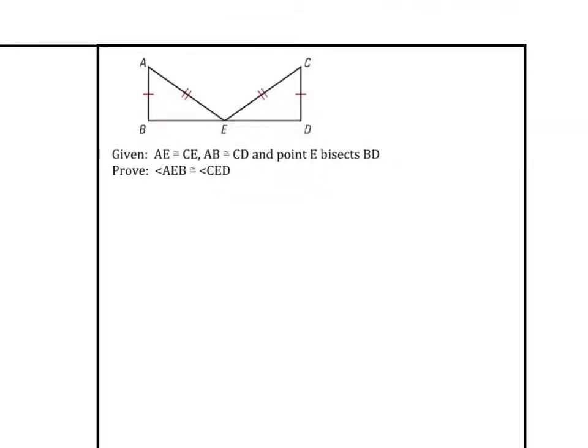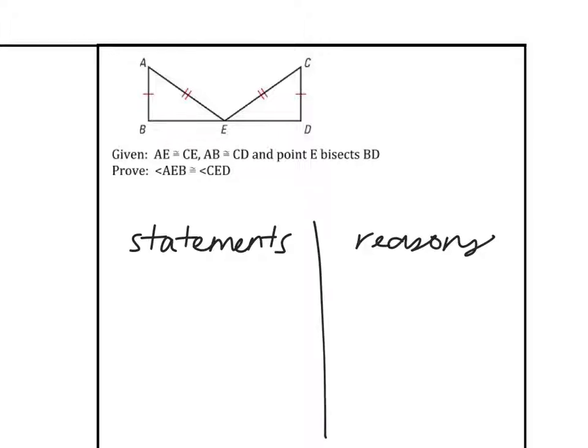Okay, you're going to have to write in your statement and reasons columns, because I did not give them to you. And please go ahead and write down your givens and make sure they're marked in your diagram. Let's write down our givens. And I'm just going to draw an arrow today.